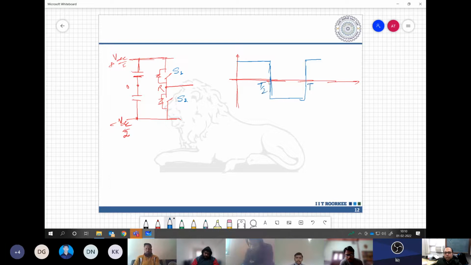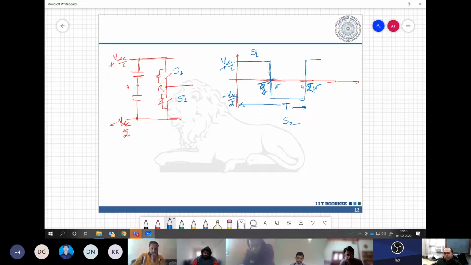So this cycle repeats over the period T. Here you are connecting S1, here you are connecting S2, and say if this total cycle is an angle of 2 pi, then this is our half cycle up to this. We are having positive plus VDC by 2 and here we are having minus VDC by 2.